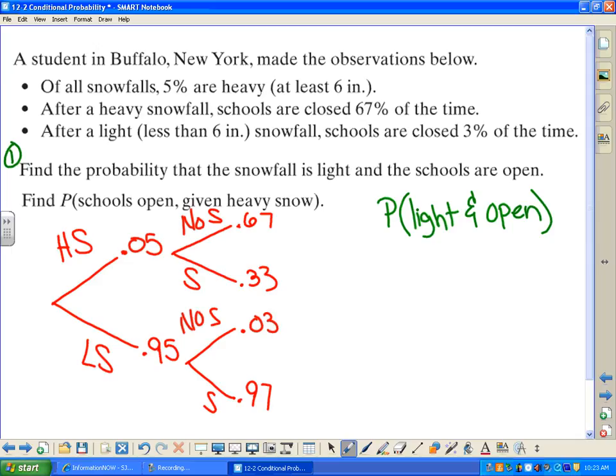Is there a given condition here? No. We just want to find out if it's a light snowfall and the schools are open. What are the chances that that happens? Well, first of all, light snowfall happens 95% of the time. Of that 95%, school is open 97% of the time.